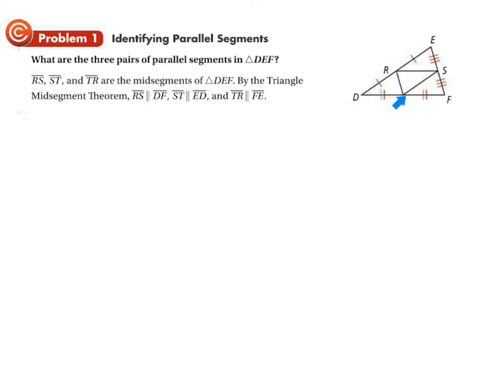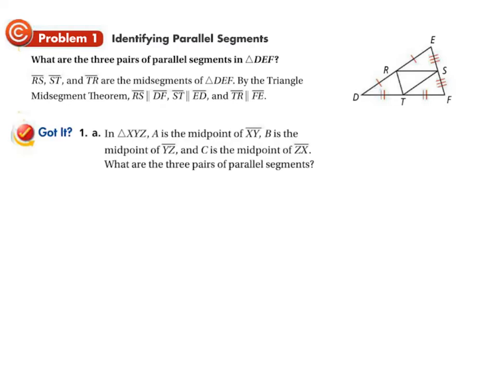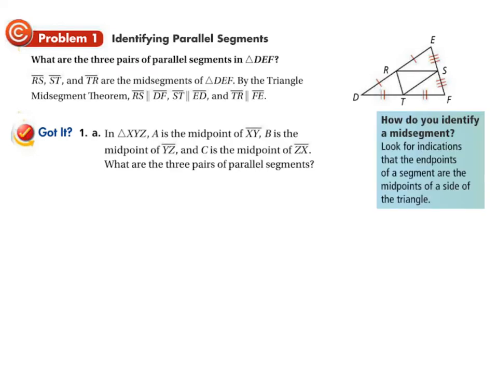We've also got segment RT parallel to segment EF. They've reversed the letters, but that's fine. And we've got segment ST parallel to side ED. Yep, that's how you do it. By the way, how do you identify a mid-segment?